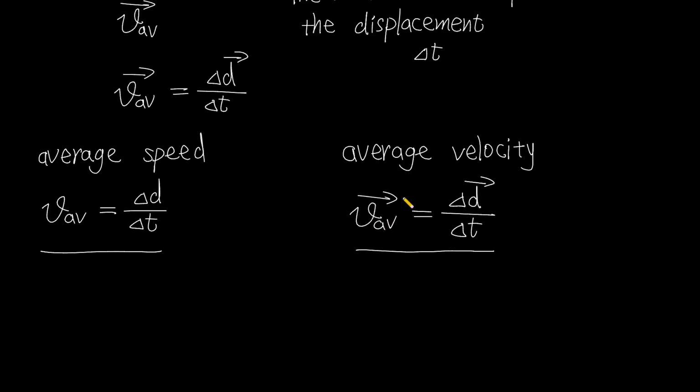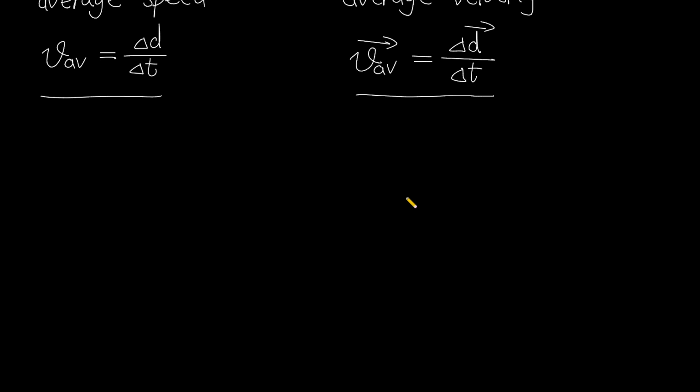And now let's see a simple example to know the difference more clearly. For example, on the surface, the reference point is here, and there are two positions on the surface. Here is position 1, here is position 2, and the vector of position 1 is just this one, d1, and the vector of position 2 is just this one, d2.